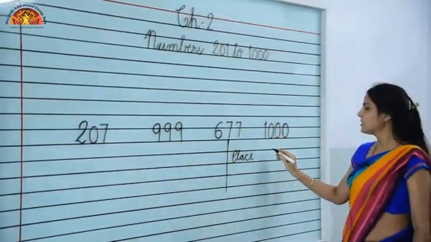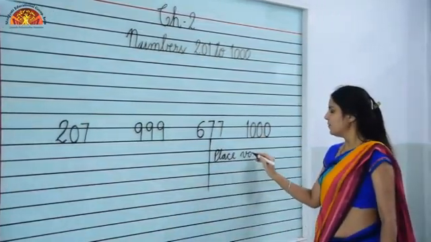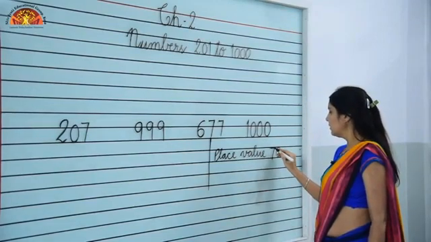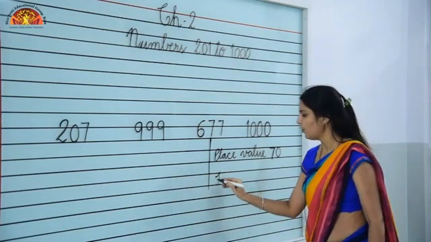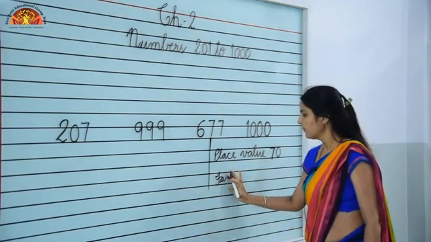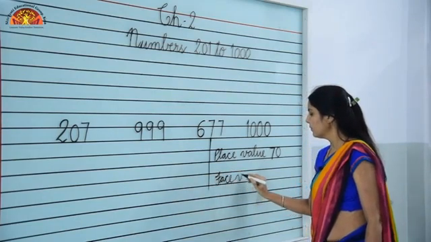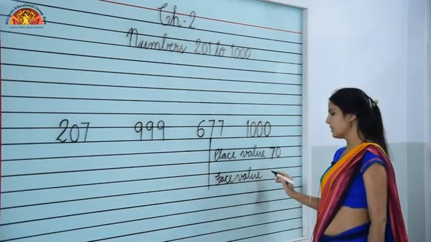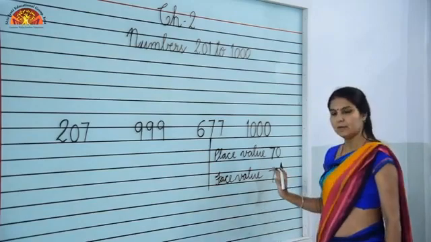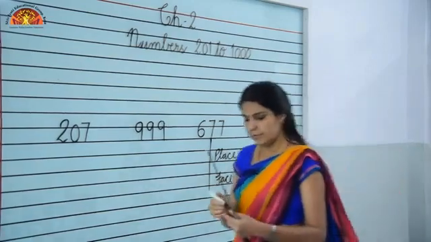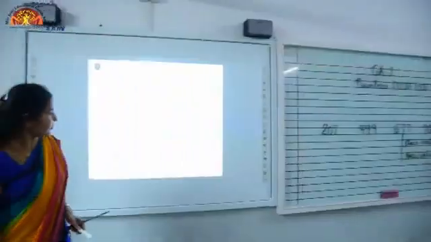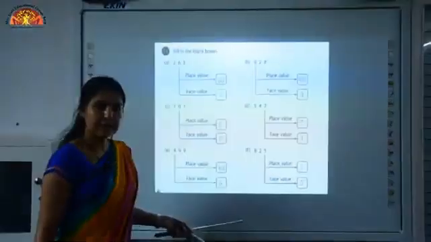So we will write the place value of 7 is 70, and the face value of 7 is 7 as it is. I hope you have understood. The face value number will be the same. Rest of the questions you can do yourself.